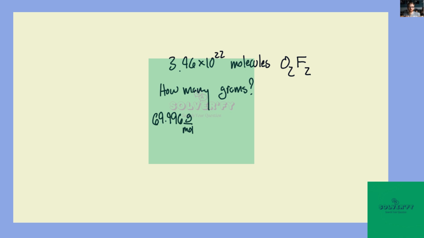There's one other caveat here. We want to know how many grams of fluorine are present in particular, right? And this would tell us the sum total of oxygen and fluorine. So while it seems like this would be exactly where to go, what we actually want is the molecular weight of F2.